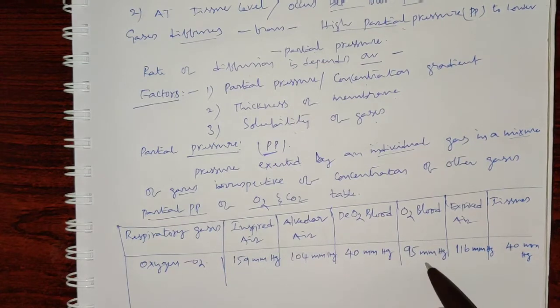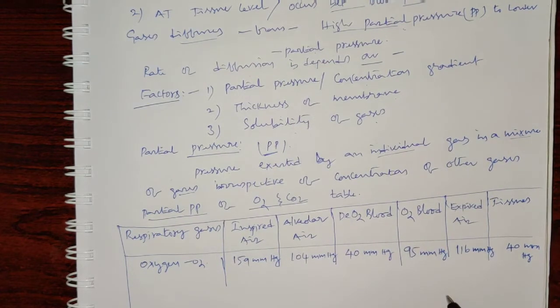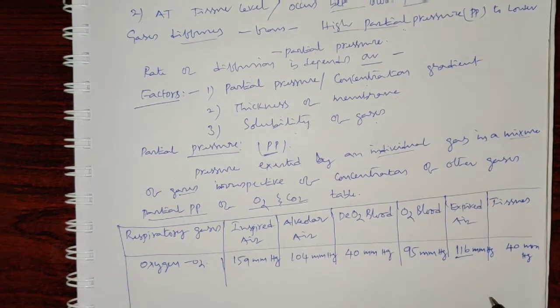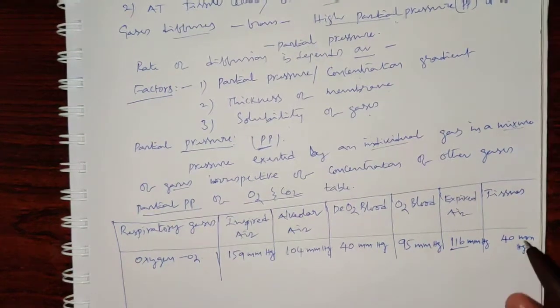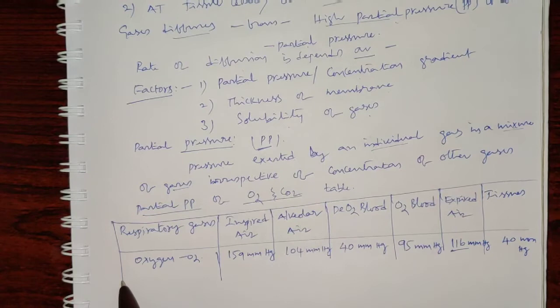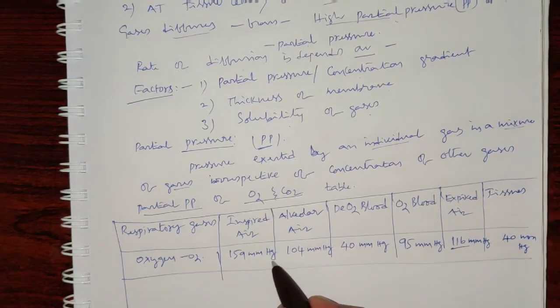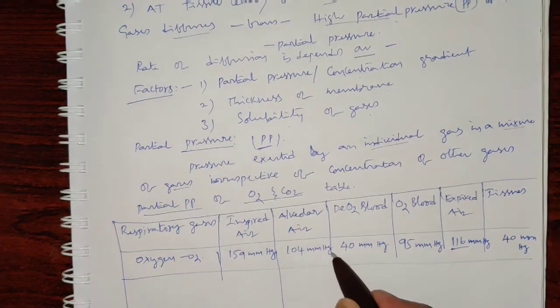Oxygenated blood in the blood vessels is 95 mm of mercury. Expired air 116 millimeter of mercury. And tissues 40 mm of mercury. This is the partial pressure of oxygen.